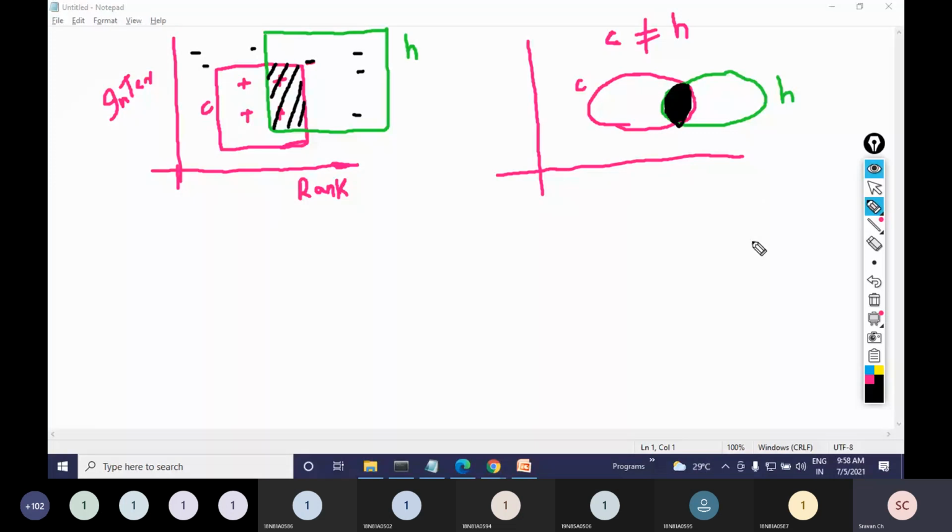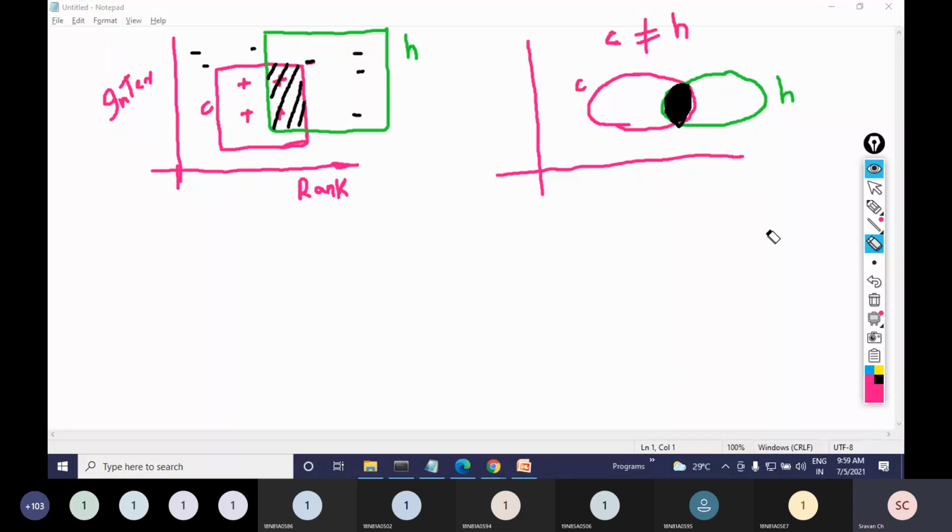If there is no error, it should look something like this: I should get my C like this, and my H should also be the same as C. Then we say this is totally correct, but it is never possible. It is not at all possible. So you have understood that our H will not be equal to C, that we know very well.